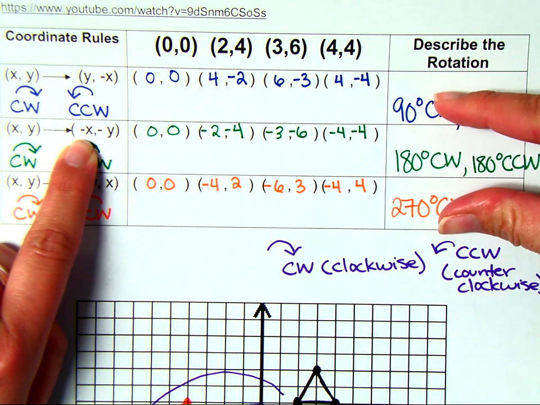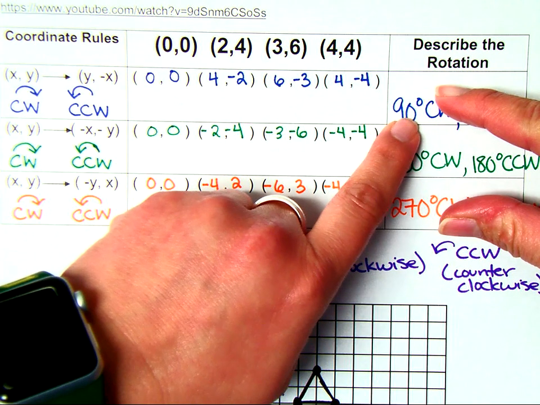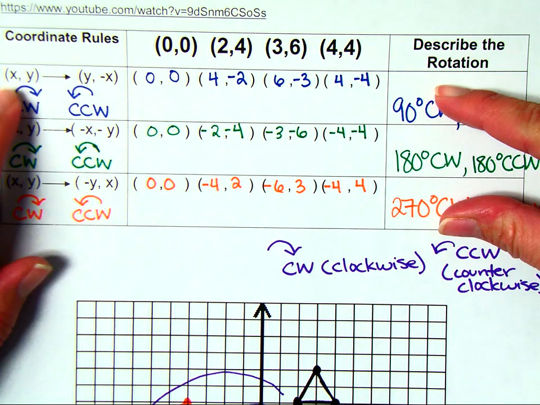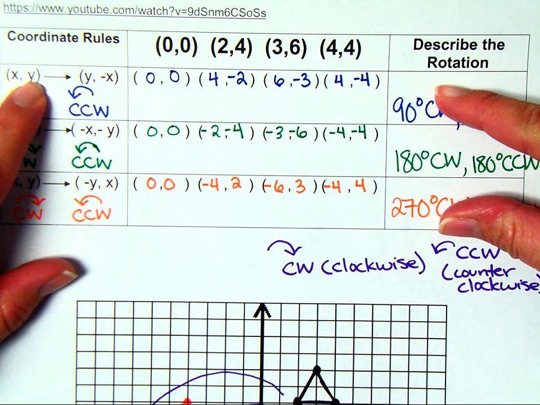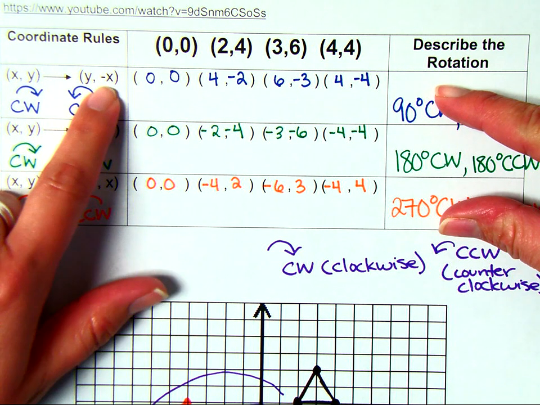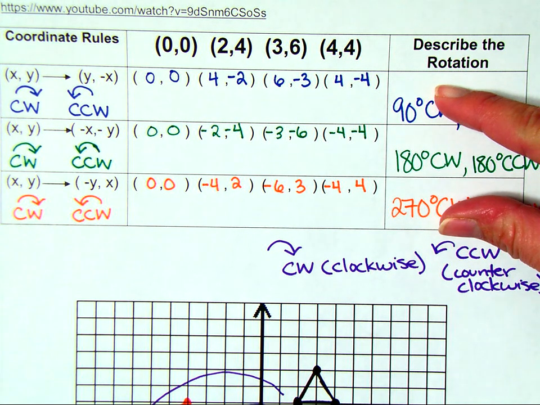So really, you just got to memorize these in a way. So here's how I remember it. You have to count to 90 before you count to 270. You see your X before you see your Y originally. So if we know that they're both switching, you have to change your X before you can change your Y. Okay? So that's just kind of a silly way that it helps me remember.